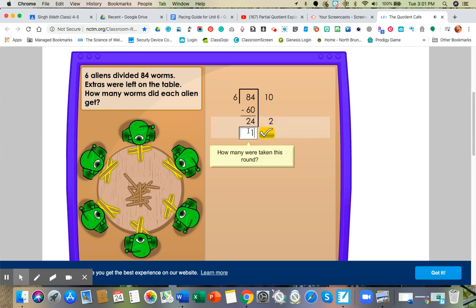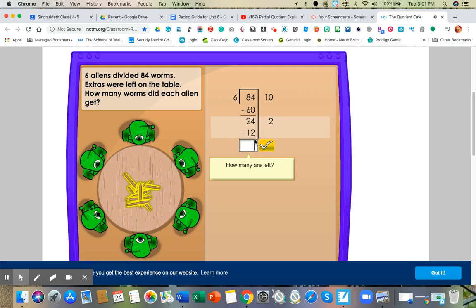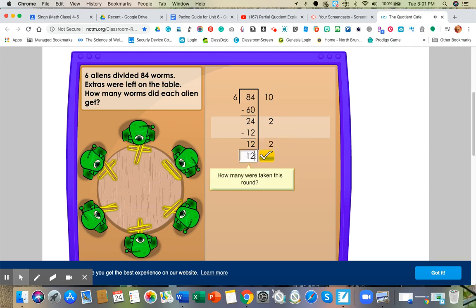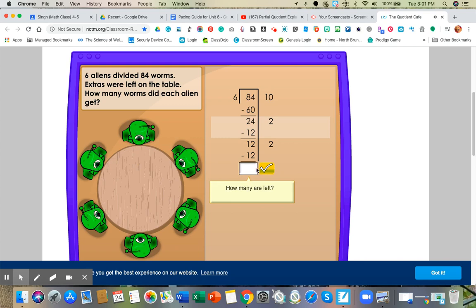So I'm going to put 12 right here. And subtract. 4 minus 2 is 2 and 2 minus 1 is 1. So I'm going to put 12 right there. And now I already know that 6 times 2 is 12. So I'm going to put another 12 right here. And I eventually will get 0.